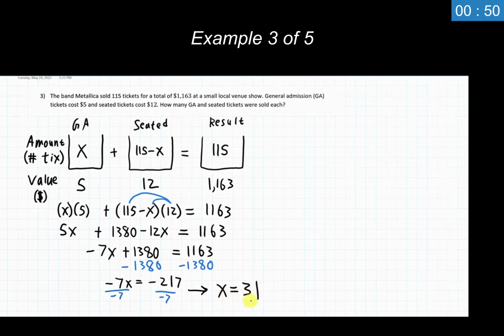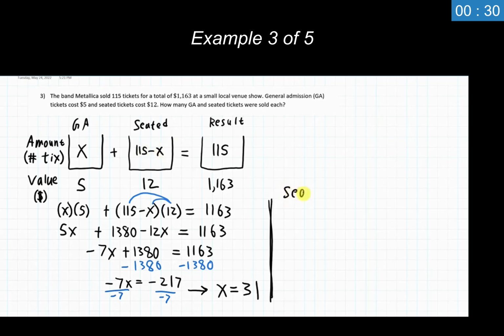So I'm getting x equals 31. What does x represent in the problem? X represents the amount or the number of general admission tickets. So great, I have my general admission. I now need to find the seated tickets. And we have that written out right here. We have this 115 minus x.